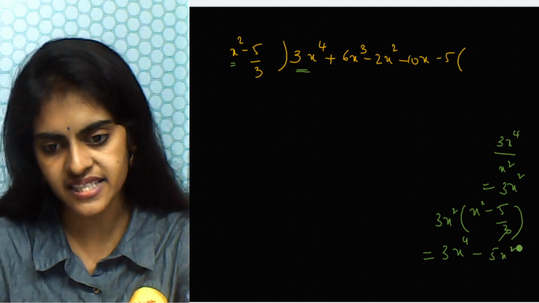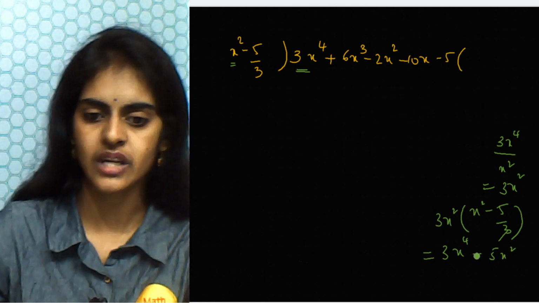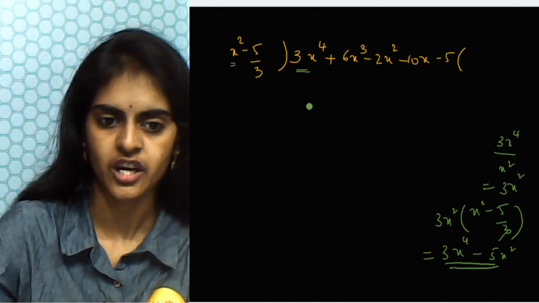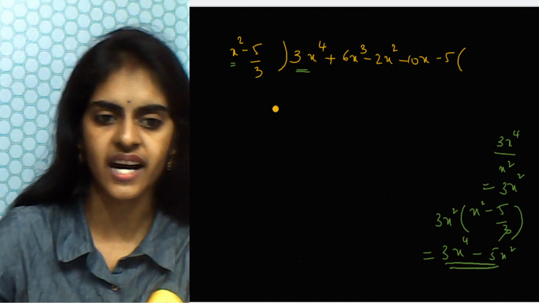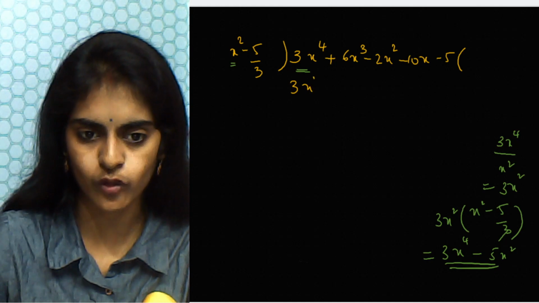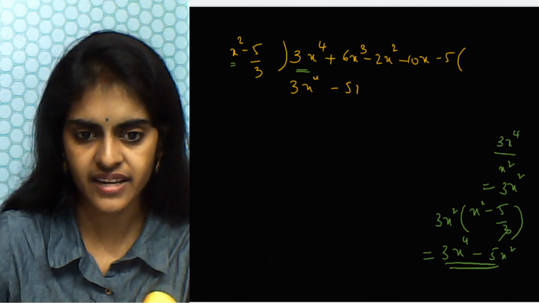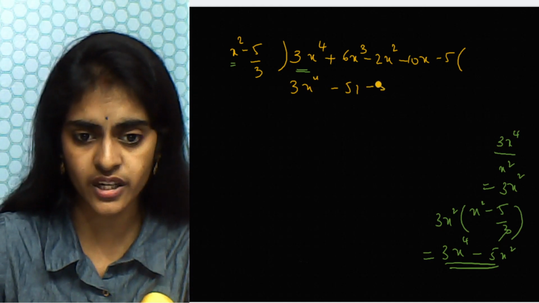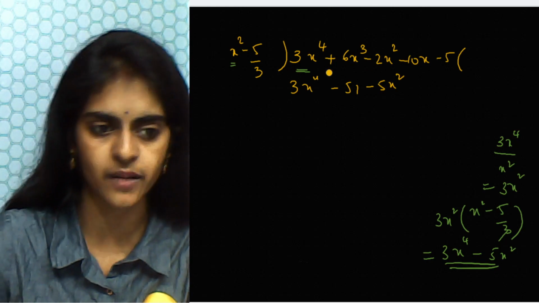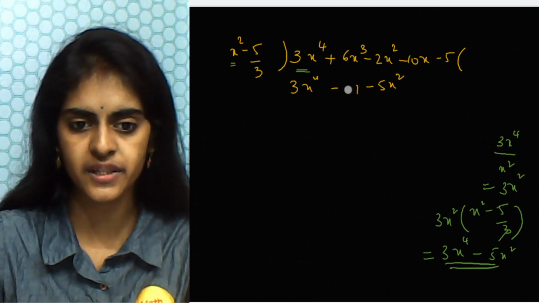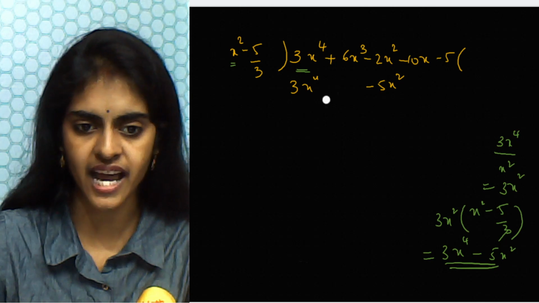You have 5x square here. So it is nothing but 3x power 4 minus 5x square. You have to write 5x square here. This is the cube term, isn't it? The cube term you don't have here.